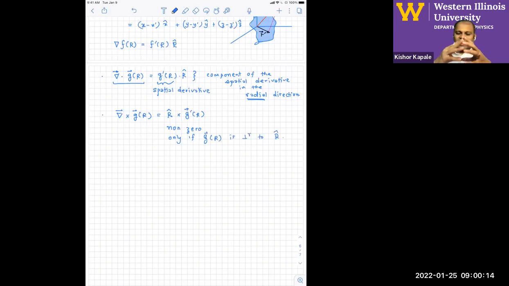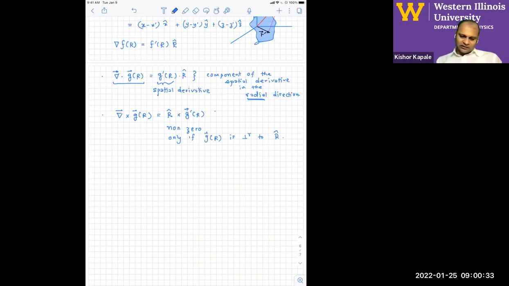That means the function has to change in such a way that it's not radially changing. It has to change in the theta direction or in the phi direction. And only then r hat crossed with that vector would be non-zero. Okay, does that make sense?